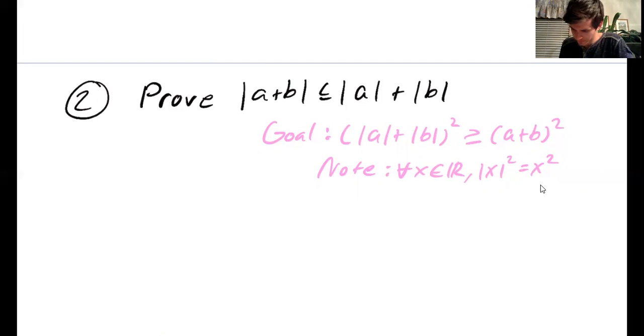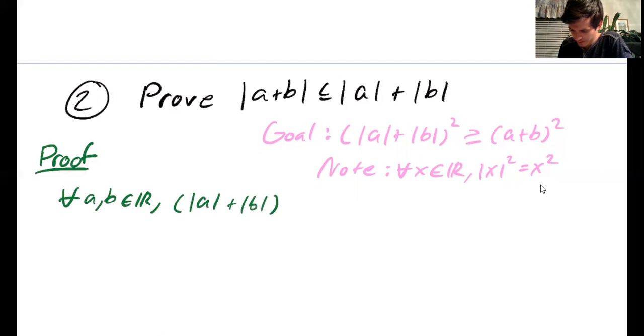Okay, so in the proof, for all A, B in the reals, the absolute value of A plus the absolute value of B, squared, is equal to the absolute value of A squared plus 2 times absolute value of A times absolute value of B plus absolute value of B squared.